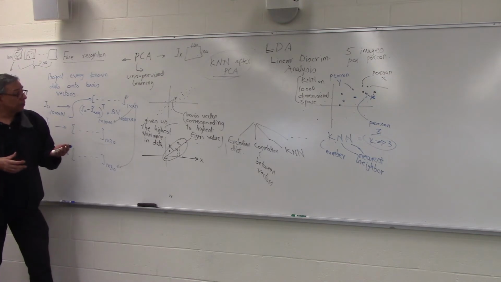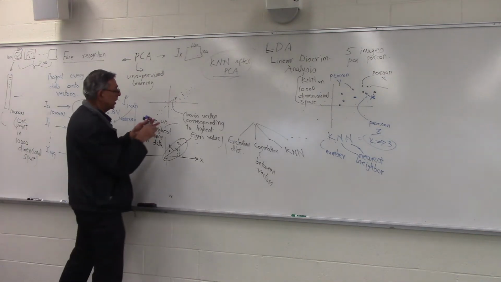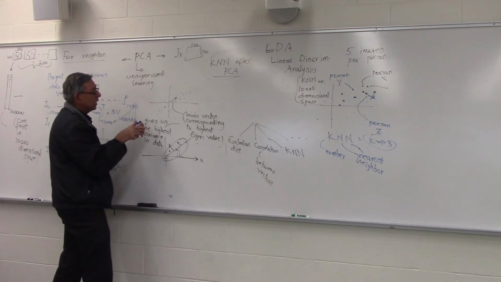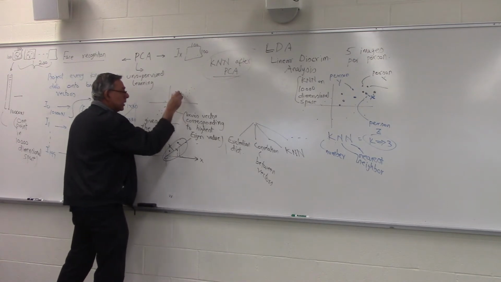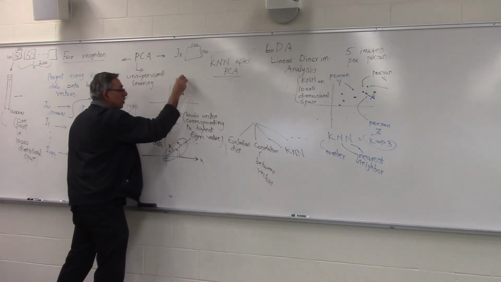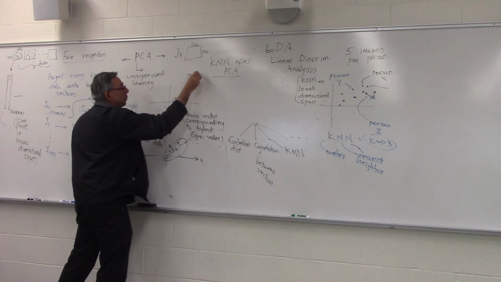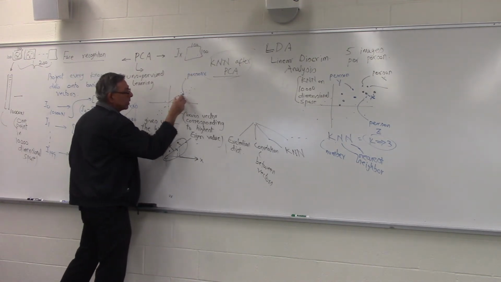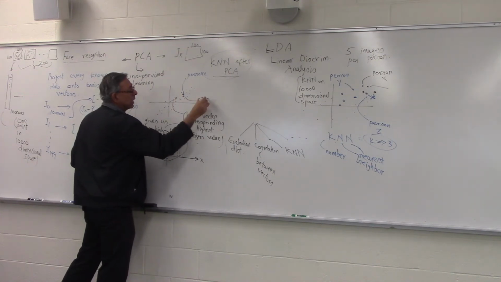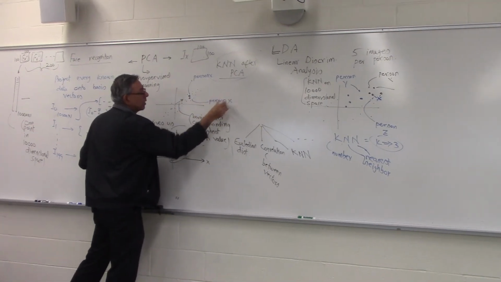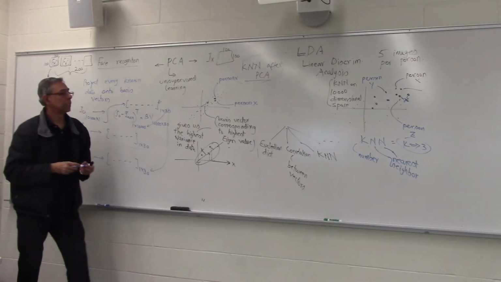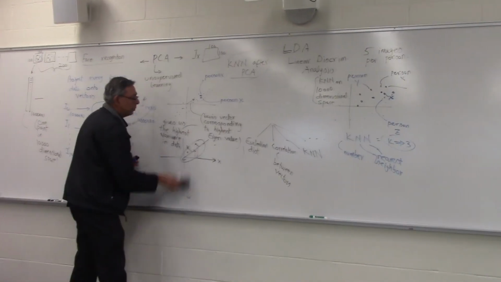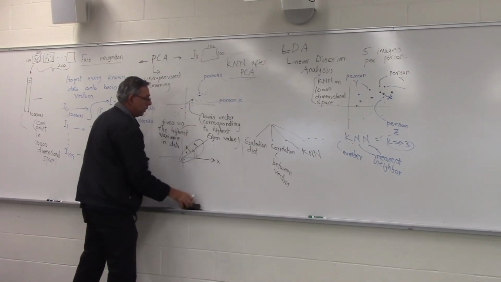Okay, so let's pretend this was our data. Let's pretend one of these is person X. Let's pretend this one also happens to be person X. Or let me pick another one.